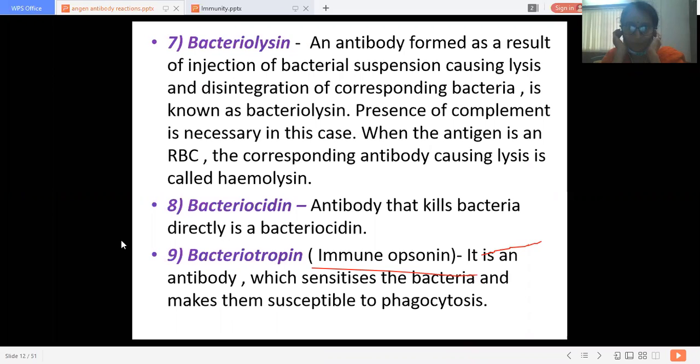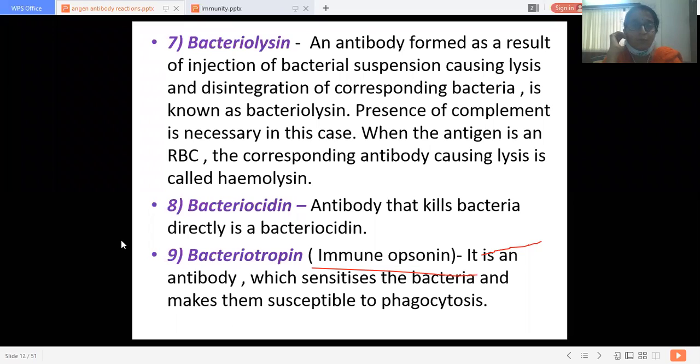Now the next reaction is bacteriolysin. Here an antibody is formed as a result of injection of a toxic antigen, causing lysis and disintegration of the corresponding bacteria. So here also there is direct lysis of the cell. This test is known as bacteriolysis.